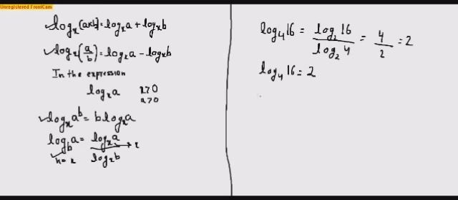Now I said I can take any base of my choice. Here I took the base 2. Let's experiment with some other base. So log base 4 16 is equal to log, this time let's take base 16 by log base 16 4.